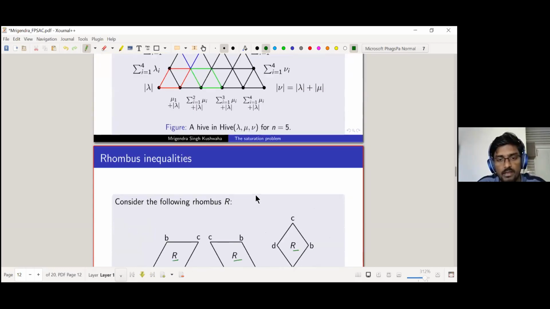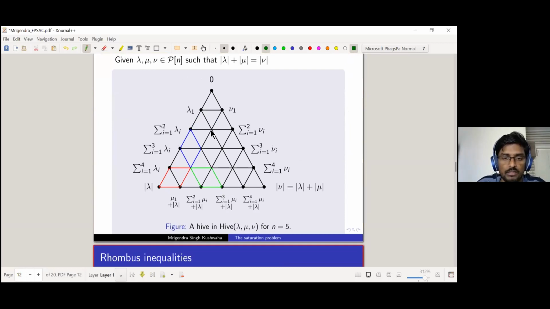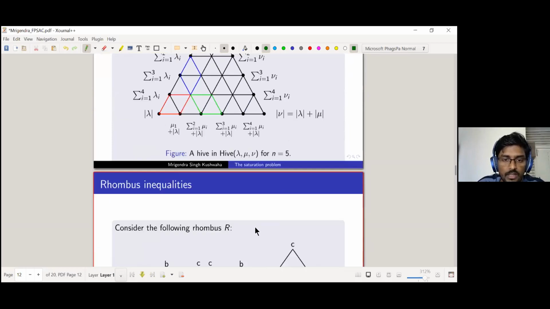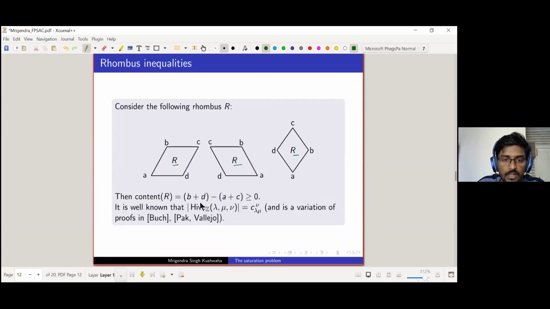By enforcing these inequalities when filling in these numbers, you get a polytope, and we denote it by hive lambda mu nu. Taking only the integral points of that polytope, that is denoted by hive Z lambda mu nu, and it is well known that the number of integral points of this hive polytope is equal to the LR coefficient.